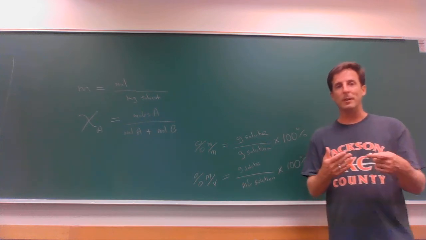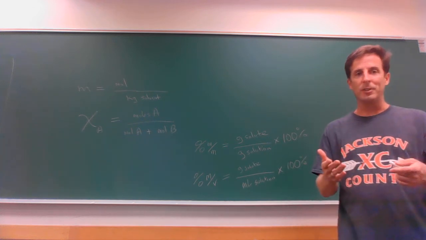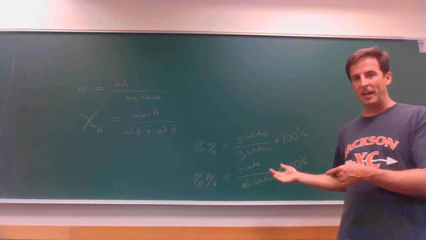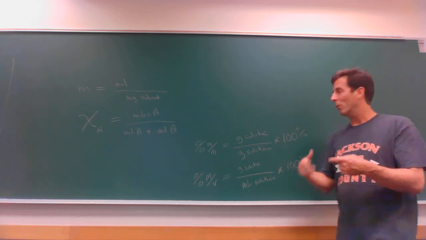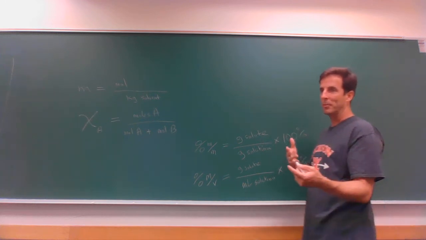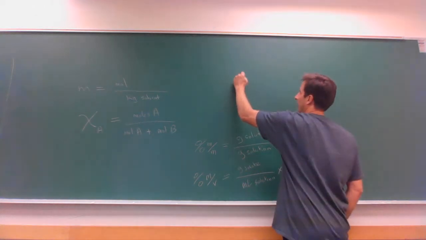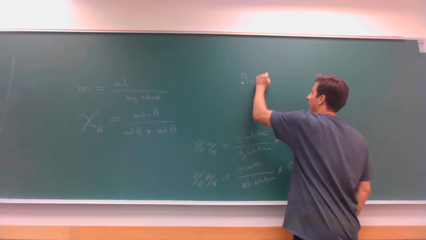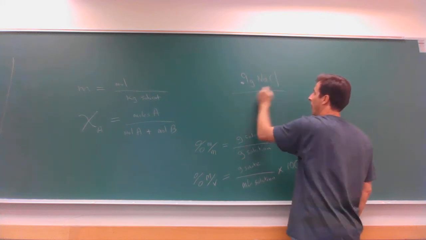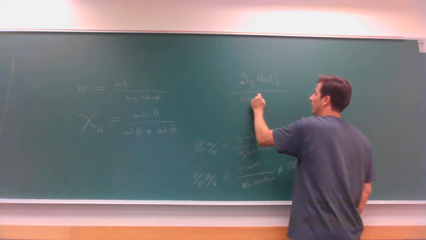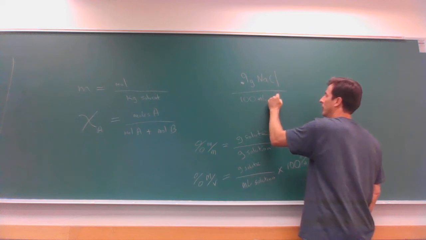We don't really need any chemistry knowledge to understand percentages and mass to volume. We would just know that percentage is always parts out of 100. If they wanted to make 100 milliliters, that would be 0.9 grams of NaCl per 100 milliliters of solution.